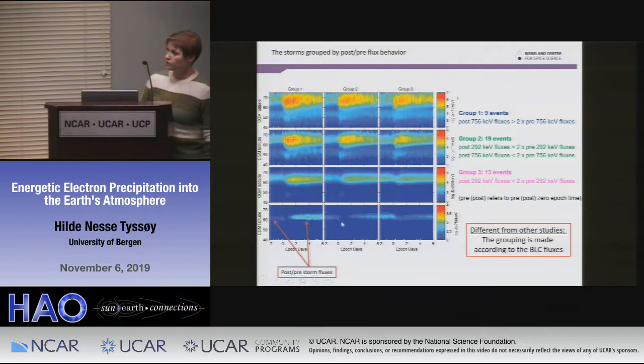In group 2, the storms do not show this signature, but if we look at a lower energy channel, larger than 300, we still see an increase. In the last group, we don't see an increase in the larger than 300, and if we look at the superposed epoch here in larger than 750, we actually have a decrease.